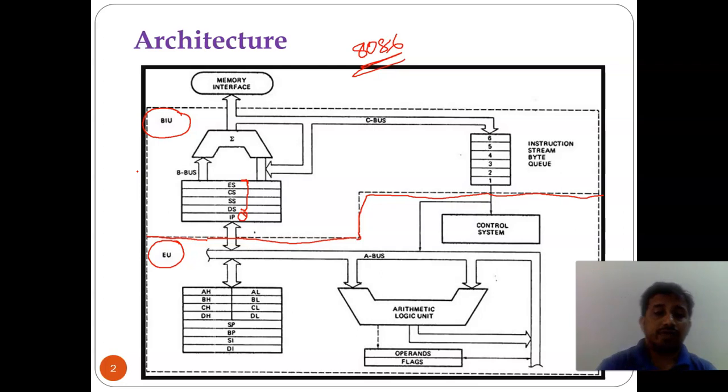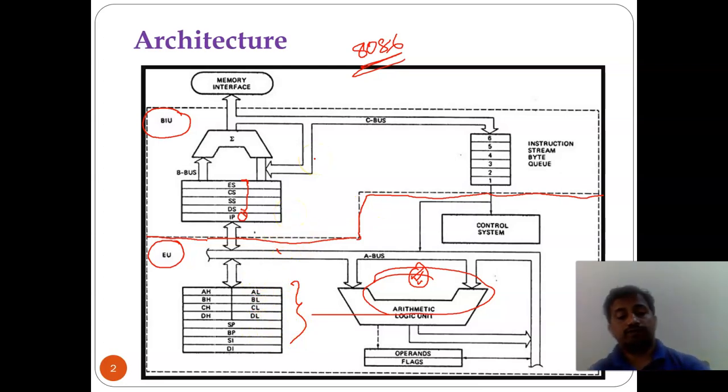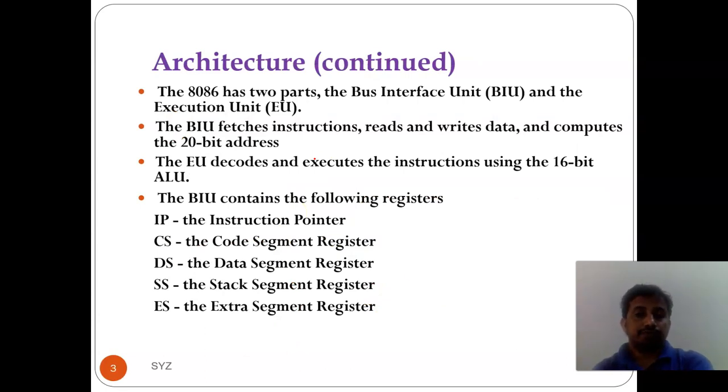Once the data is fed to the execution unit, it will take the data and process it using the ALU. Once the data is processed, whether it is an arithmetic operation, a logical operation, or any other operation, internally it makes use of the general purpose registers and pointer registers, and again sends the data back so it can be stored into the memory. So this is the process.